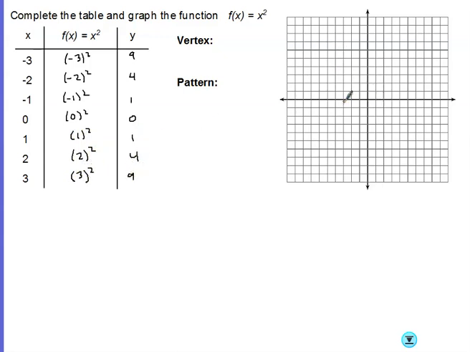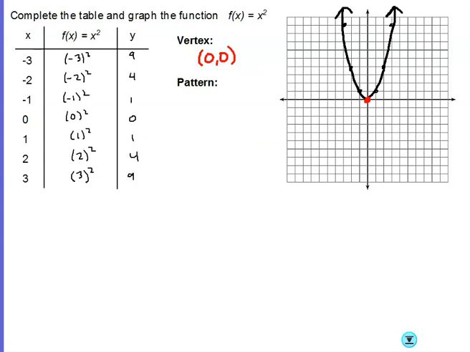So when I plot these, -3, 9, -2, 4, -1, 1, 0, 0, 1, 1, 2, 4, and 3, 9. Connect our dots in a nice smooth curve to create that U-shaped graph, which we call a parabola. The vertex of this graph is at the point 0, 0, so we're looking for that turnaround point.